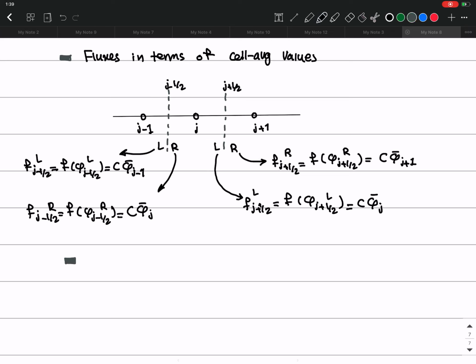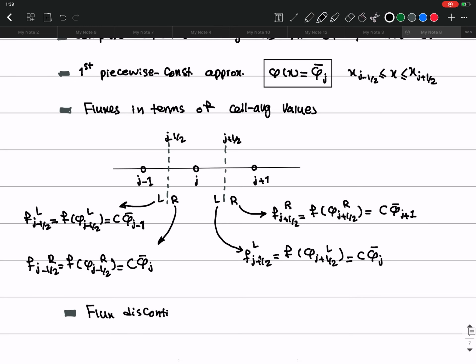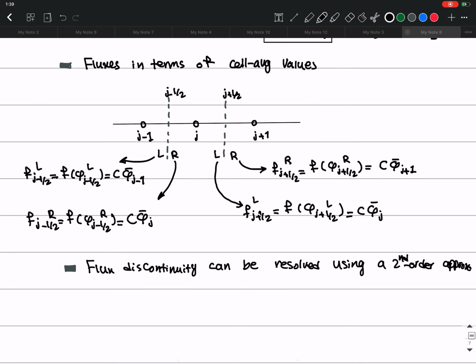So let's see. Flux discontinuity can be resolved using a second order approximation. And that is, for f j minus 1/2, I can say this equals the average of them.